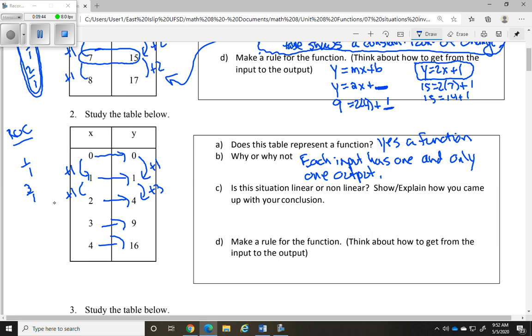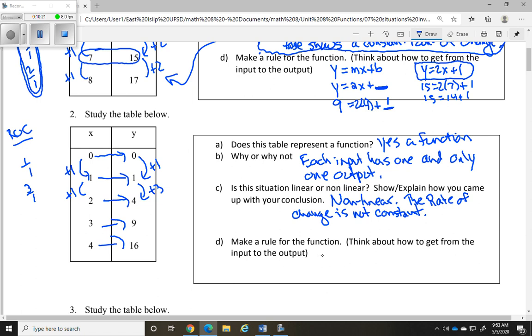I can continue going on with the table, but as soon as I find that there's 2 rates of change that are different, it's not constant, therefore it's not linear. So it's nonlinear because the rate of change is not constant. Constant means it's the same the whole way through.